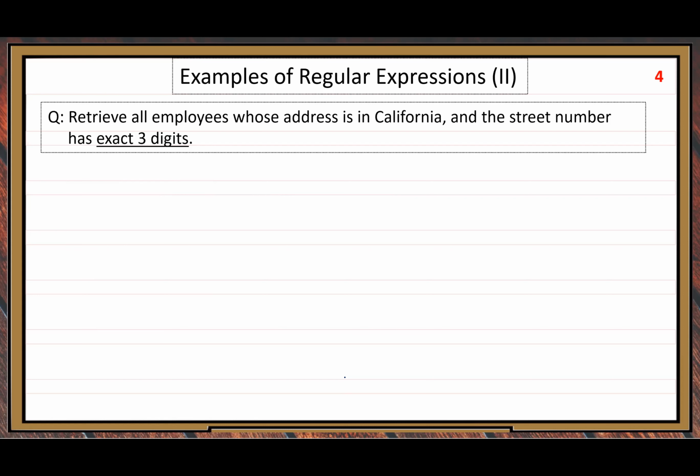This time exactly 3 digits. But there is another condition we need to match: the state part is CA. So let's look at the description and the 2 conditions, or 2 patterns. We should match 2 patterns.